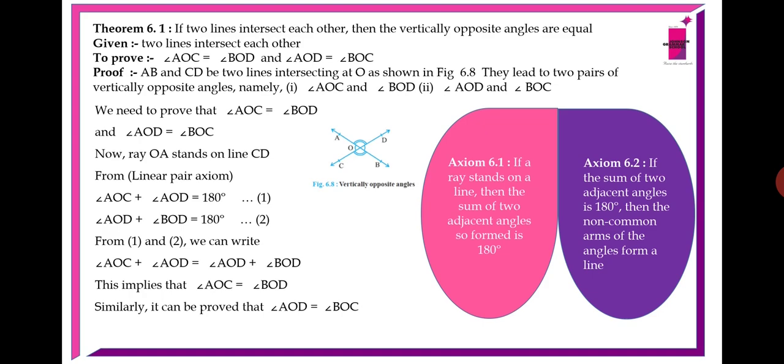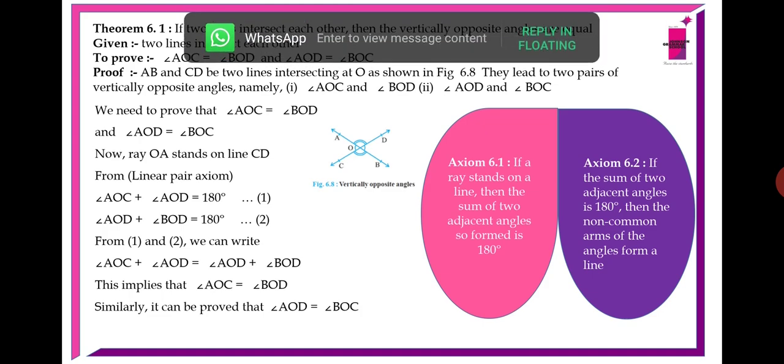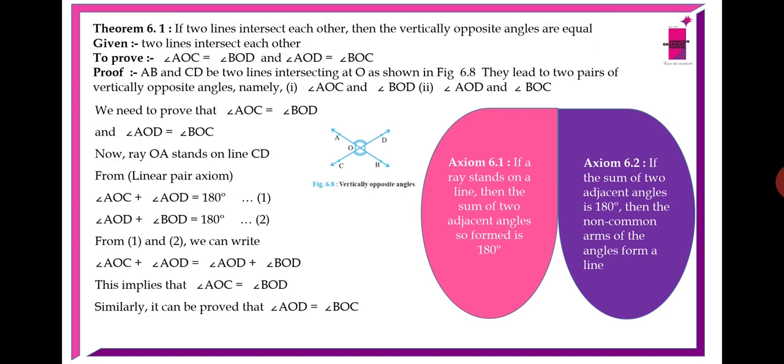Now ray OA stands on line CD. From the linear pair axiom, angle AOC plus angle AOD equals 180 degrees, and angle AOD plus angle BOD equals 180 degrees. From 1 and 2, we can write angle AOC plus angle AOD equals angle AOD plus angle BOD.